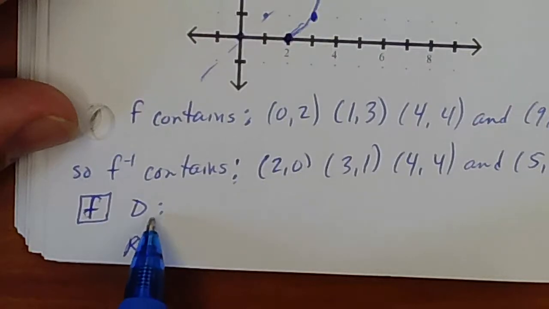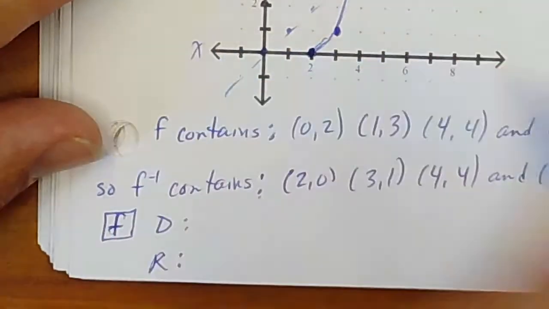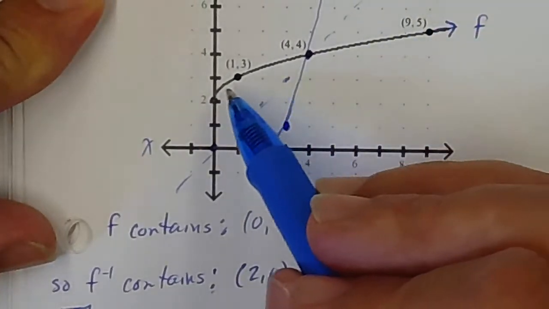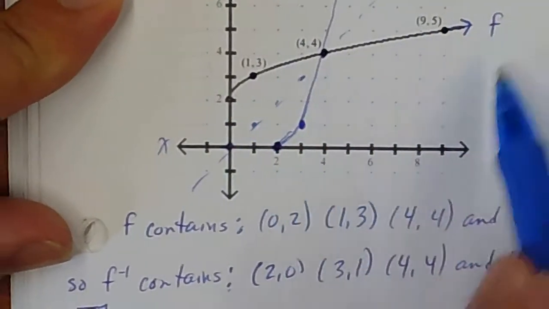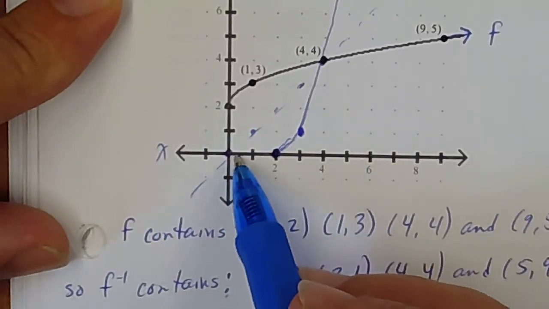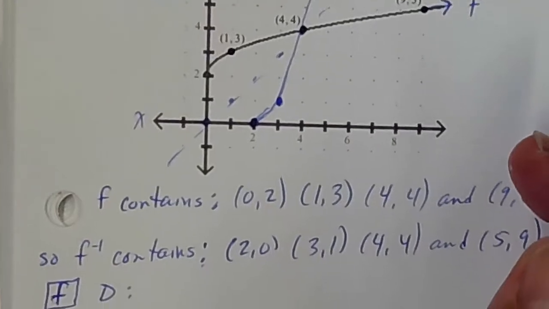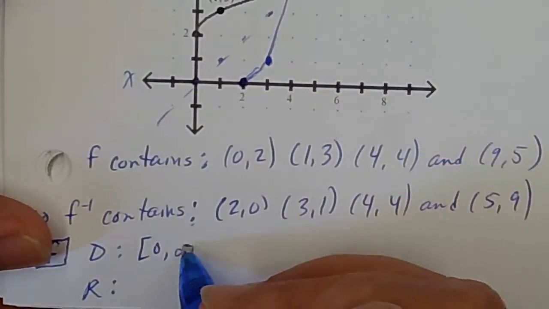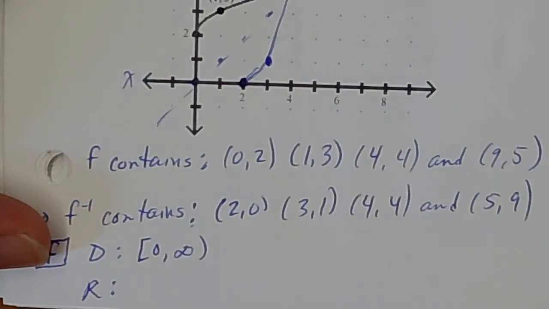For what values of x does the graph exist? So I'm just looking at this original black graph right now. Okay, ignore the blue line. Where does this graph start for x values? It starts at 0. Okay, so 0 on to infinity. Looks like we should include that point.